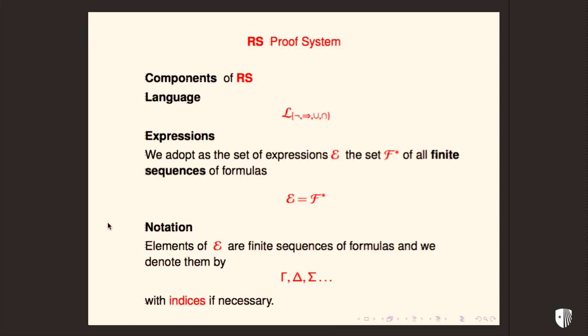Language: we have our full language, negation, implication, conjunction, disjunction, and expressions now are E equal F star. What is F star? F star is the set of all finite sequences of formulas. So we have a notation.